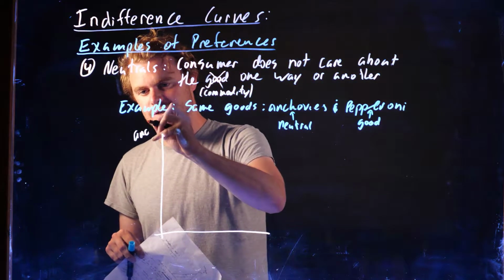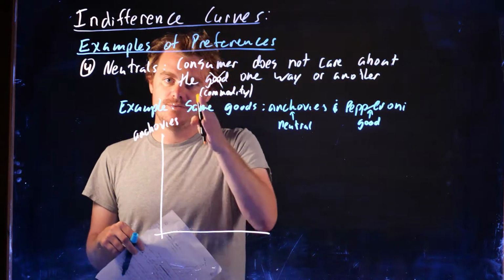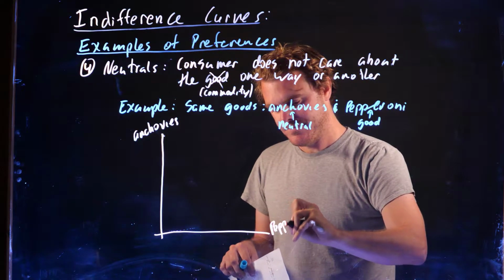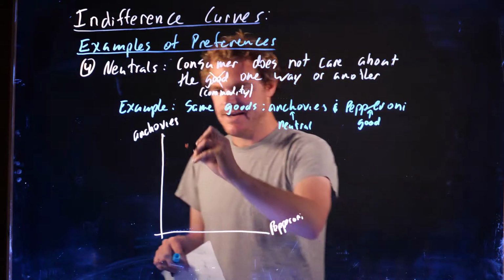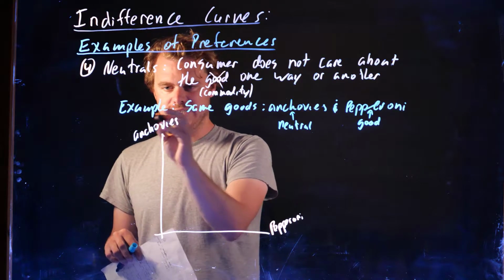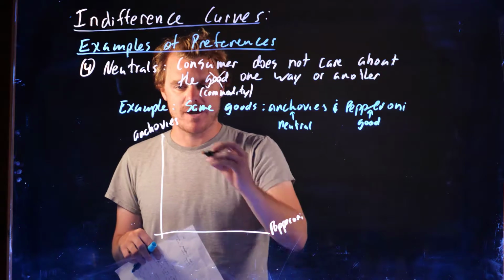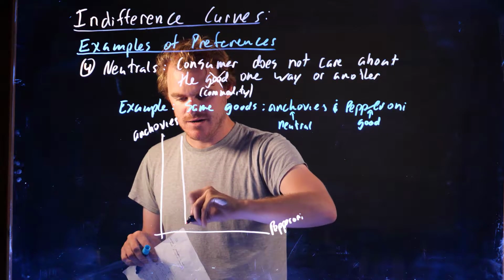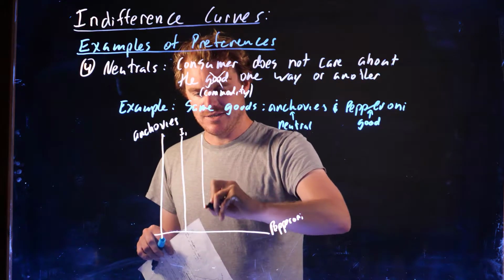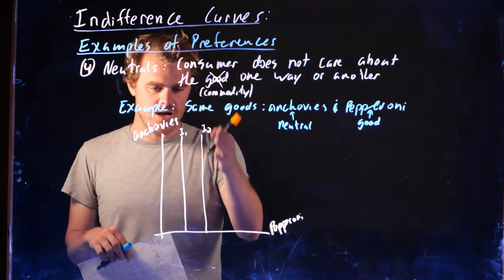So here are anchovies again. We do have to think about which good we put on which axis, because that determines the shape of the indifference curves. Here is pepperoni. We can have as many anchovies as we like; we're neutral to anchovies. We really only care about pepperoni, we want more pepperoni. So here is indifference curve 1, and here is indifference curve 2, and these are vertical lines.